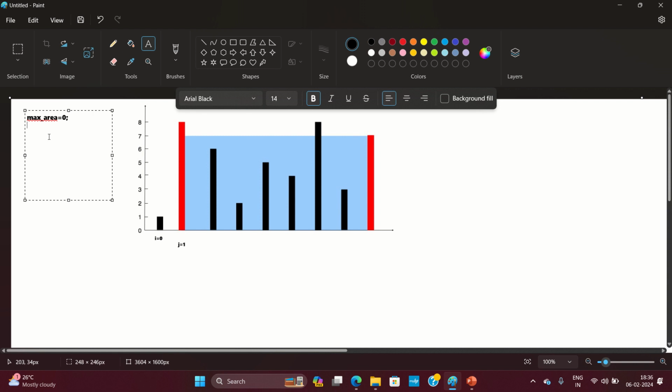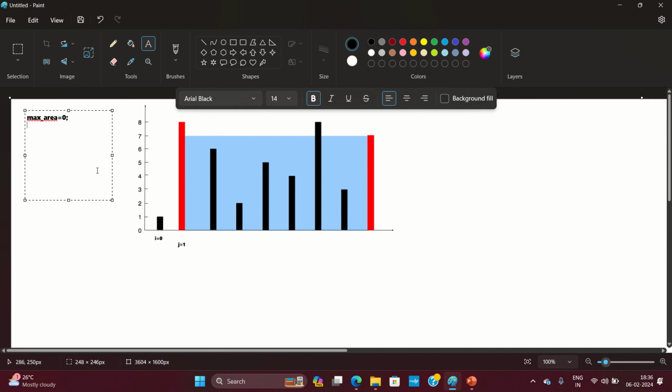Area can never be negative, therefore we start from 0, and now j minus I, that is 1 minus 0, is 0 into the minimum of the two.